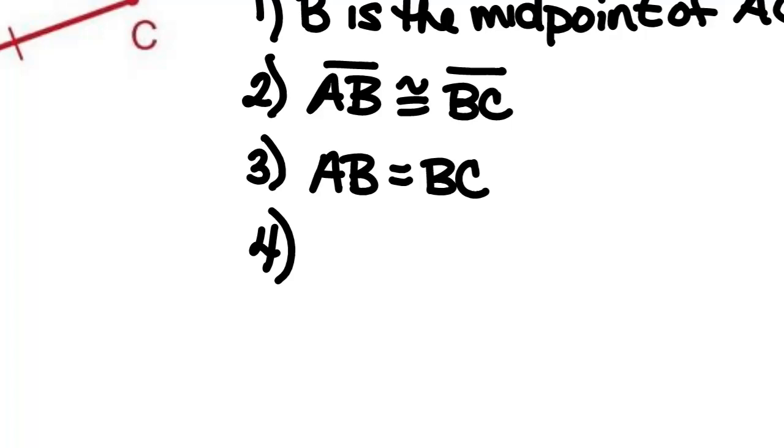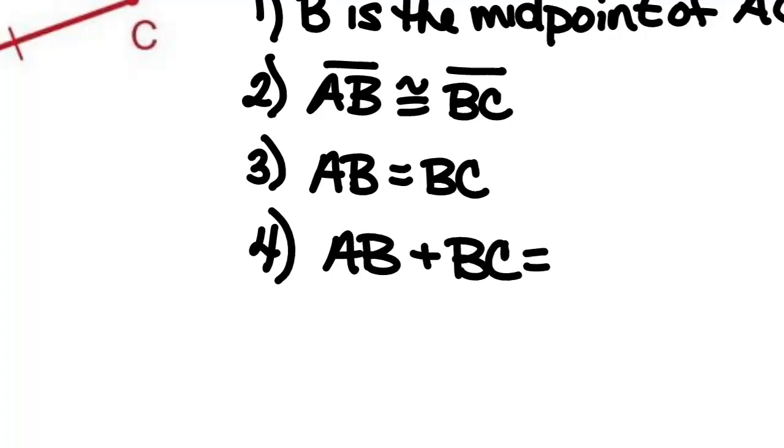I'm thinking something similar to number 13 when we did that angle addition postulate. Do I have something similar? Yes. The length of AB plus the length of BC gives me the length of AC.